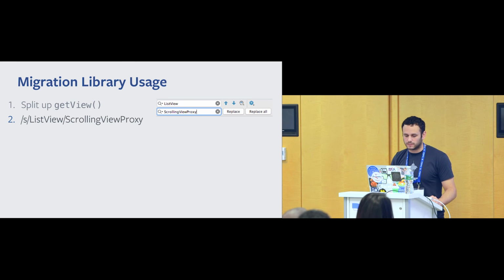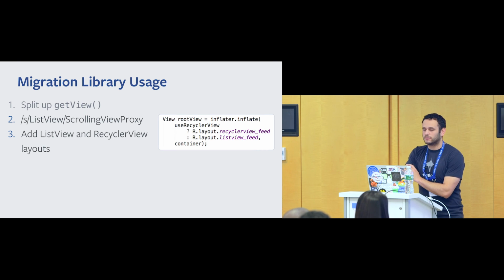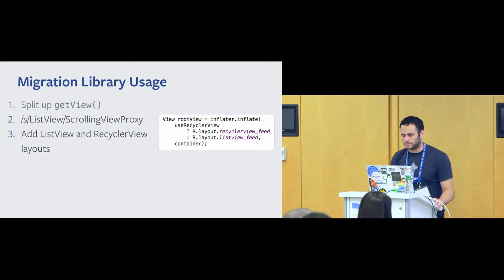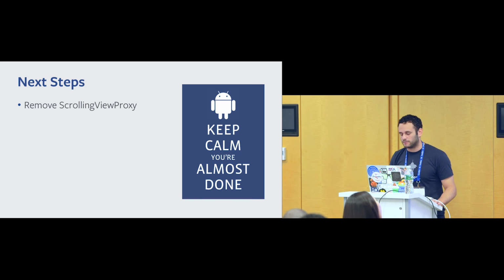As I said, this step isn't that hard because all the method signatures match up. And then finally, you should have layouts for both ListView and RecyclerView so that depending on which version of scrolling view proxy you're using, you can inflate either one of them. And that's pretty much it. Once the RecyclerView version is working, you can start to remove the scrolling view proxy so that you don't have an extra layer of abstraction.